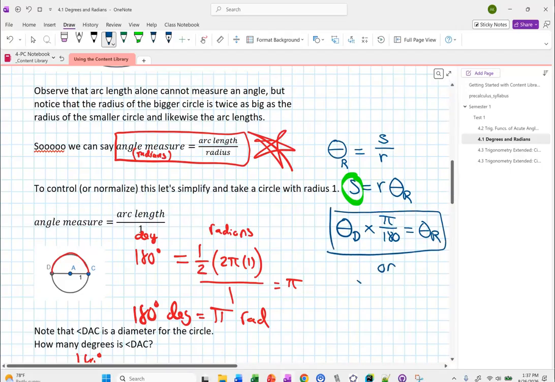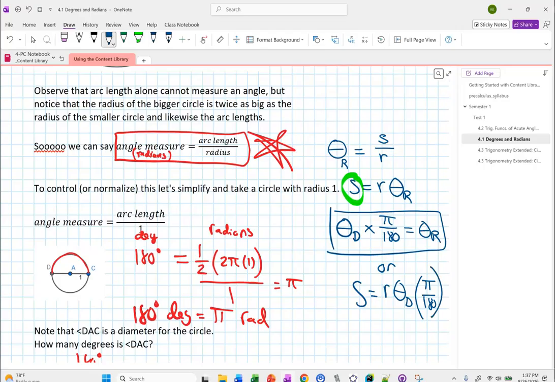So the other option then is I could say S is equal to R times an angle in degrees times pi over 180. Now I have a formula in terms of degrees and a formula in terms of radians.